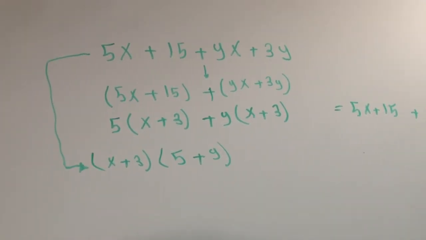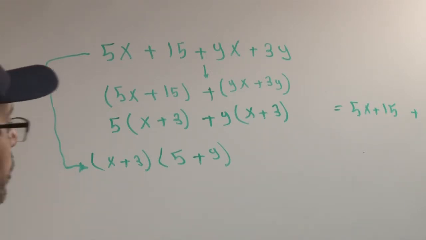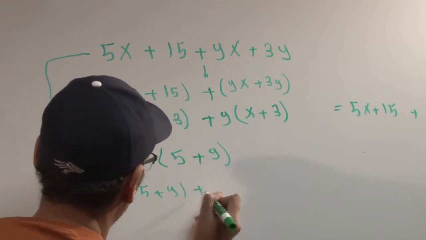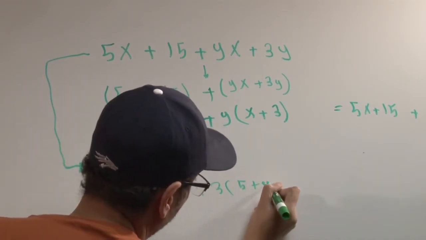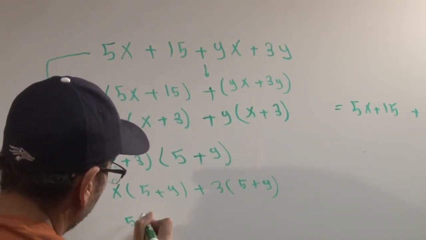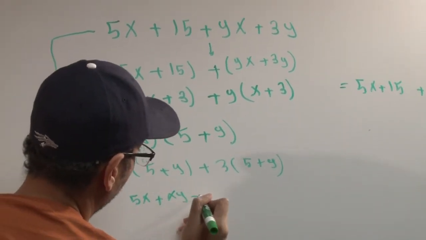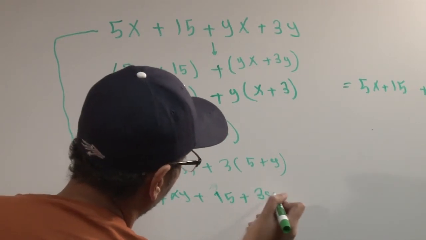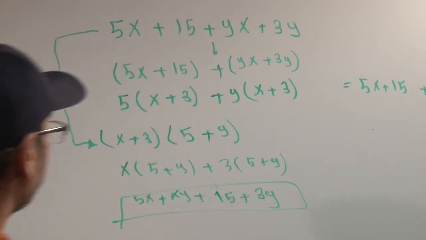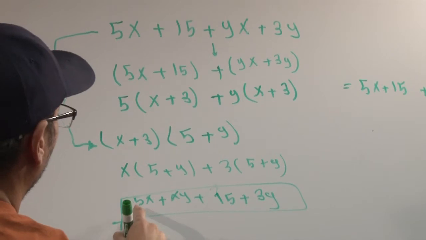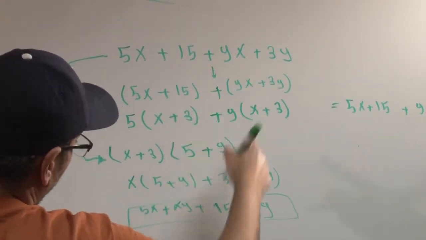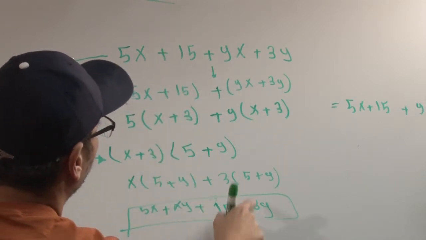I want to make sure that this is the right answer. Let's do distribution. x times (5 plus y) plus 3 times (5 plus y): 5x plus xy plus 15 plus 3y. Is it the same? 5x, xy or yx, 15, and 3y.